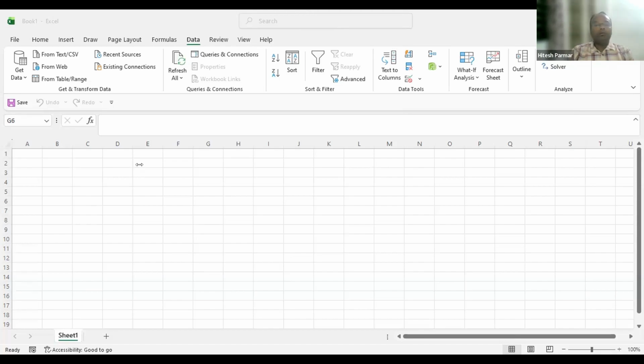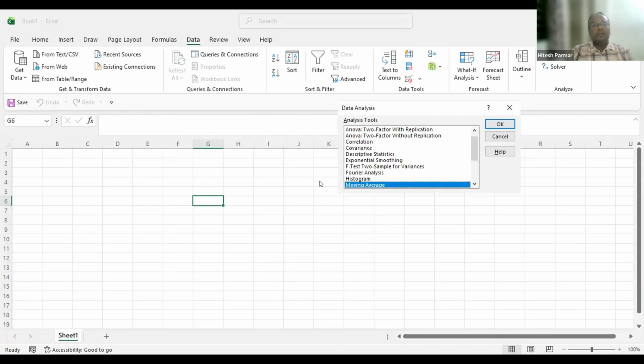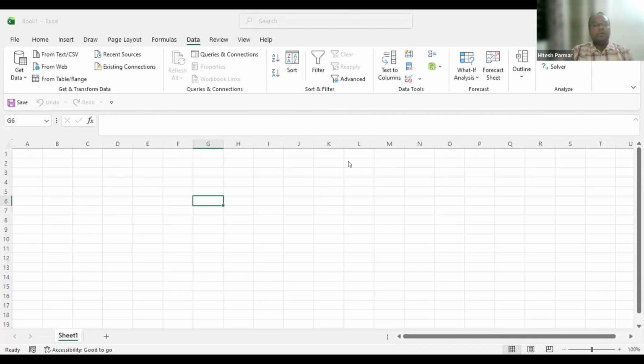Here you can see this, because many participants are not aware of this tool pack which is freely available in Excel. If you click on the Data tab, it says Data Analysis, right? This data analysis tool pack is freely available. If you click there, you will see ANOVA and so on, alphabetically arranged: correlation, descriptive statistics, right? So in Excel also you can perform the majority of the analysis. Regression you can perform as well.